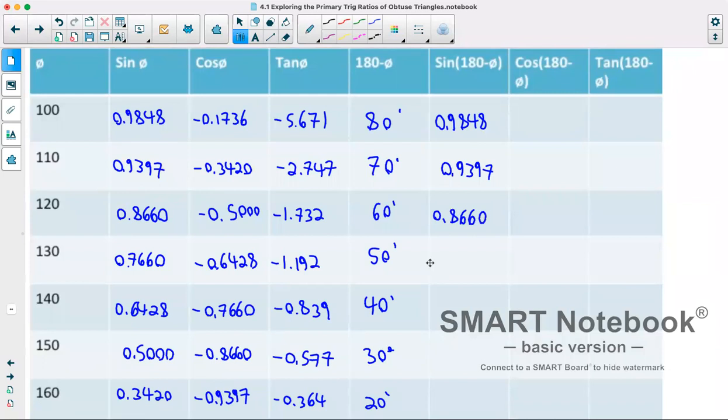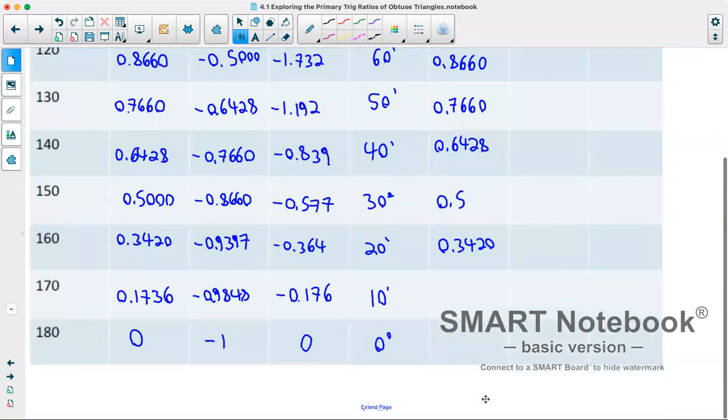Sine of 50 gives us 0.7660. Sine of 40 gives us 0.6428. Sine of 30 gives us 0.5. Sine of 20 gives us 0.3420.